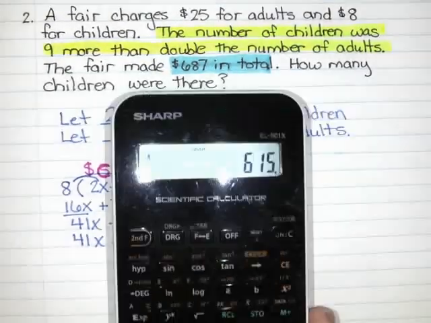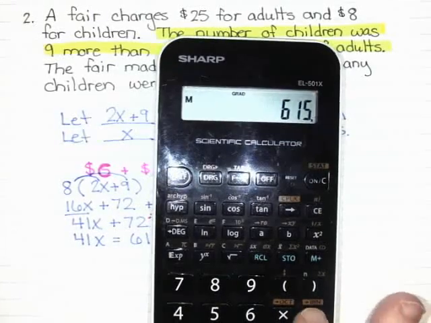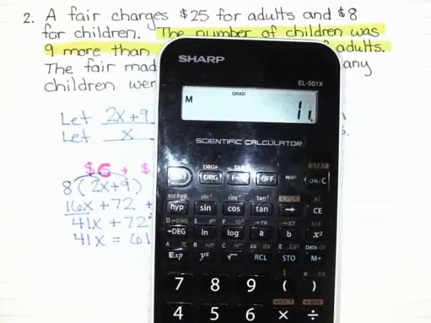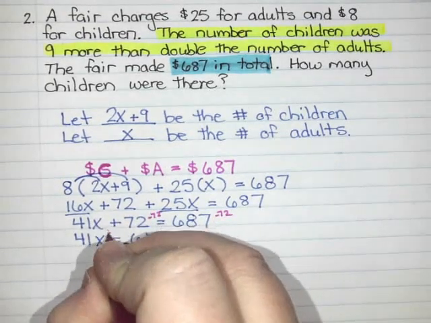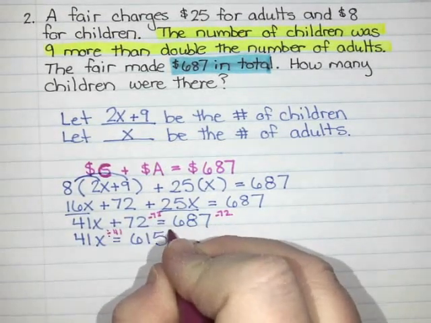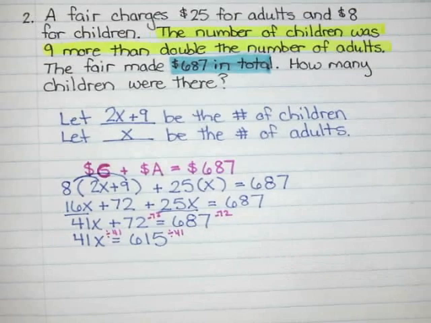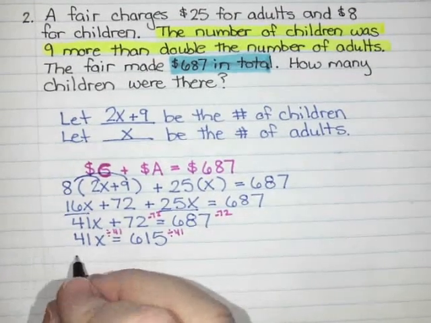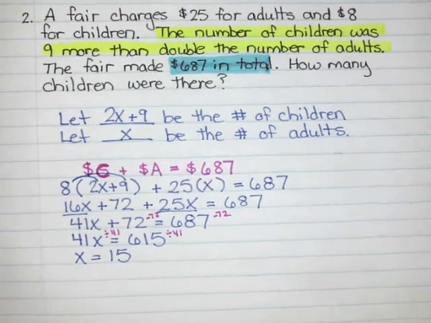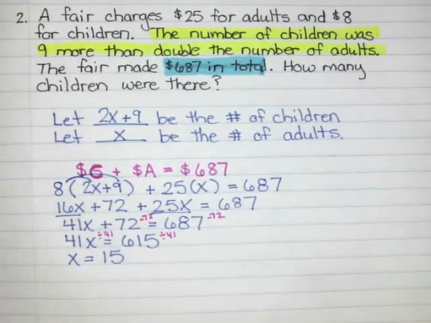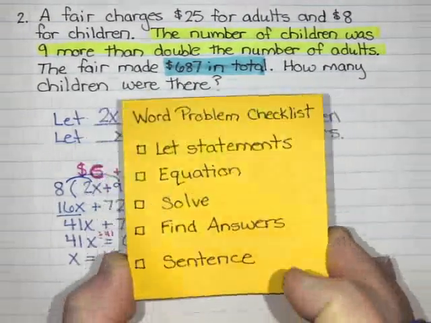And then 615 divided by 41 gives me 15. So we're going to divide by 41. And I get x equals 15. So when I get to this step, I often feel like I'm finished, but I am not done yet.